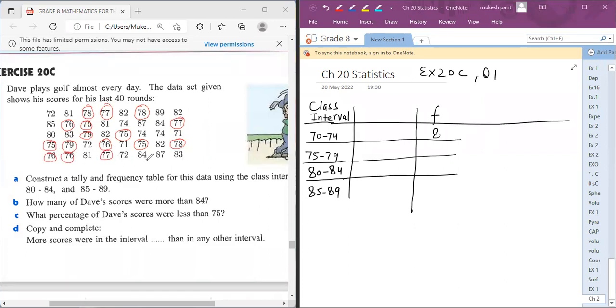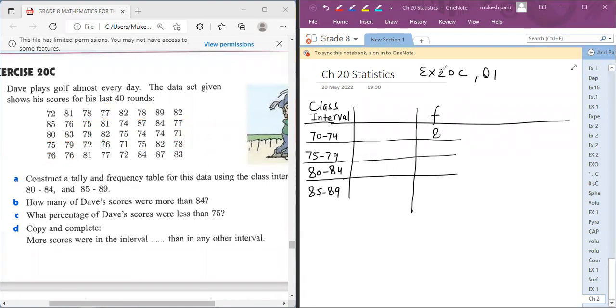That's it. Let's count how many: it's 16. So there are 16 entries from 75 to 79.